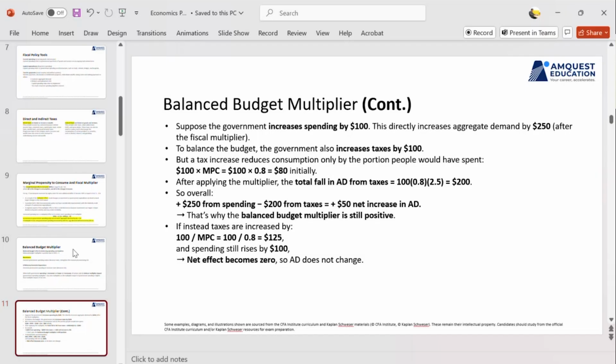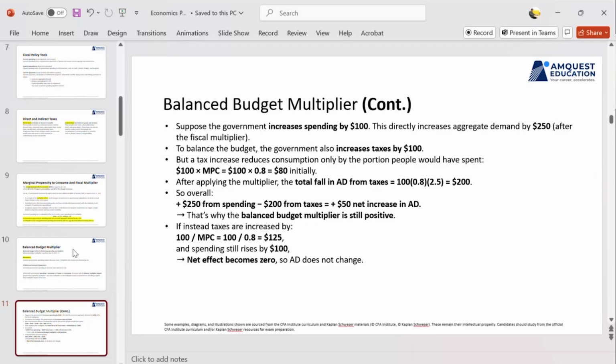Now the government will say, boss, if this is so good, let me increase the taxes. So the government will increase taxes also by $100. Right? Now taxes will reduce the consumption only to the extent that people will spend money.